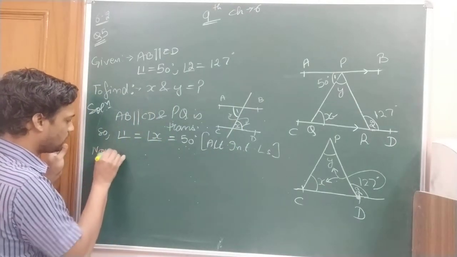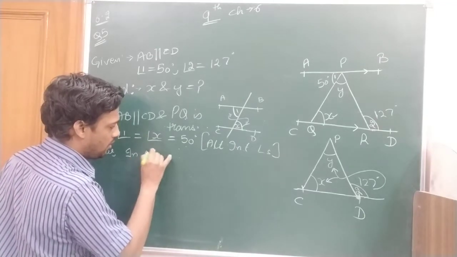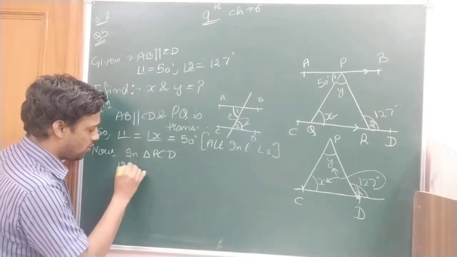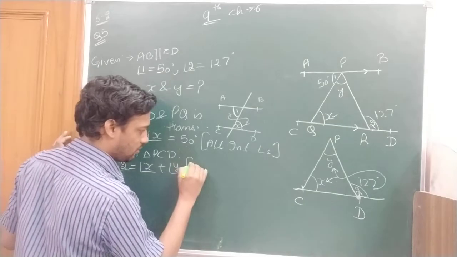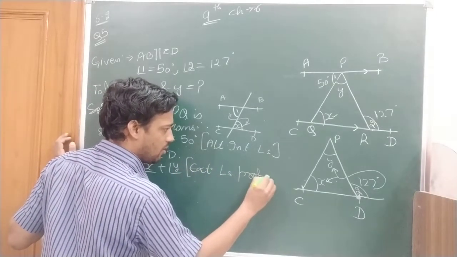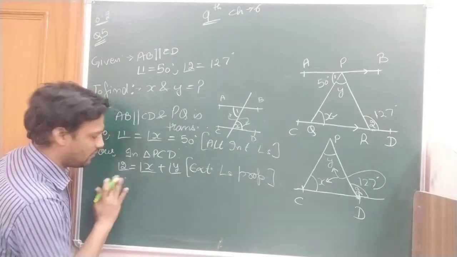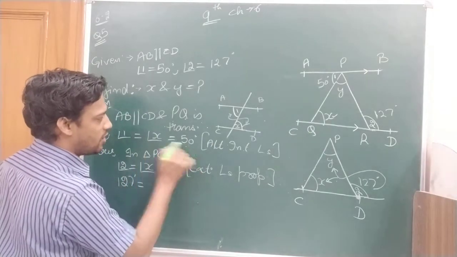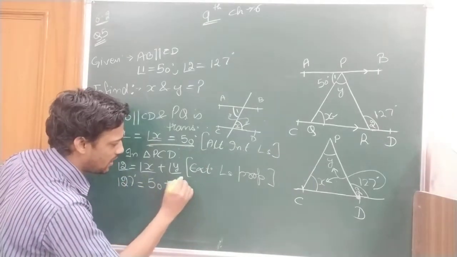Now, first of all, write which triangle we are using. In triangle PCD, angle 2 equals angle x plus angle y. Reason: exterior angle property. Angle 2 is 127 degree, angle x we have already found, that is 50 degree, plus angle y.